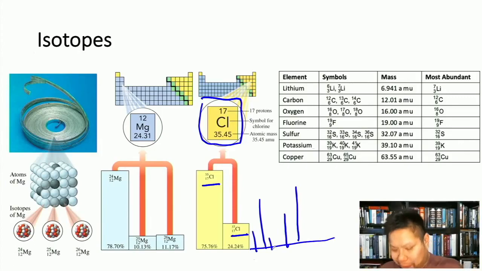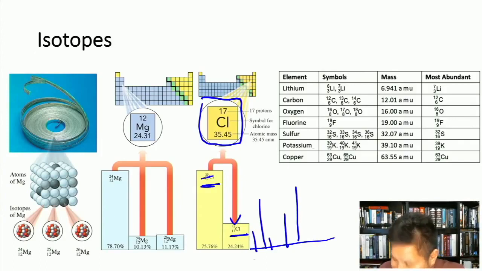Well, chlorine has two isotopes, one at 35 and one at 37, chlorine 35 and 37. Notice that chlorine 37 is actually about a third of the abundance of chlorine 35, right?